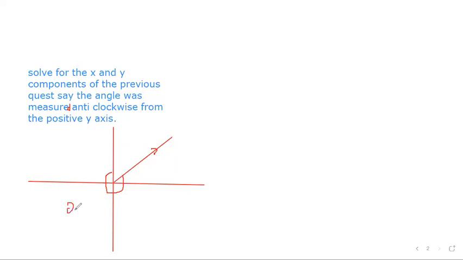So this is 210 degrees. Now we want to find the y component and the x component of this D. In order for us to swiftly solve this, instead of using this angle, we can safely use this other angle.